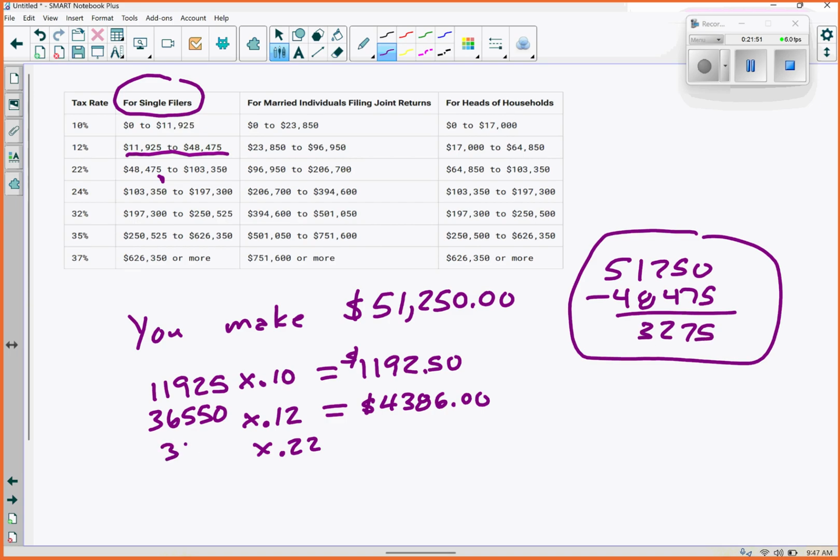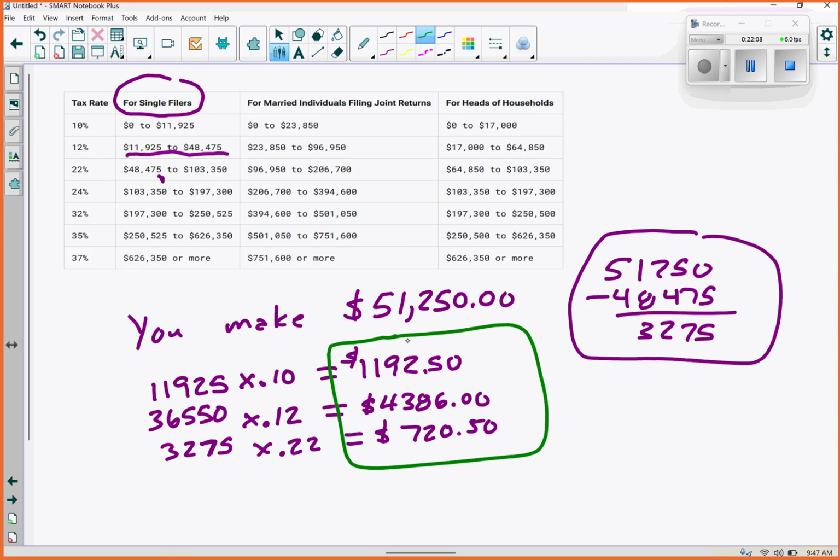Okay, will you multiply 3275 times 0.22, please? 720.5. Okay, and the last step to that is, will you add those up for me, please? So 1192.50, 4386.00, 720.50.